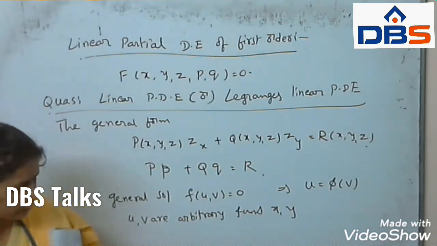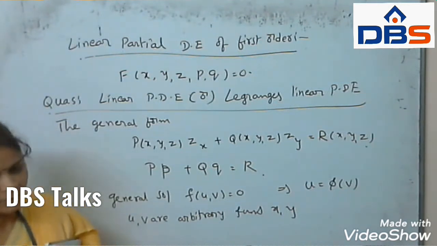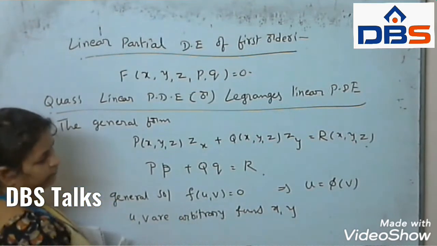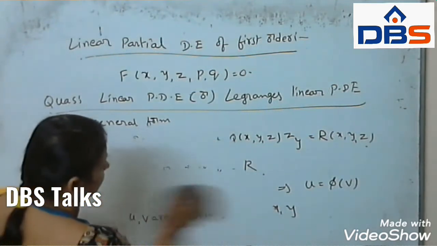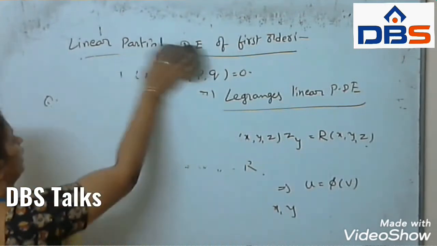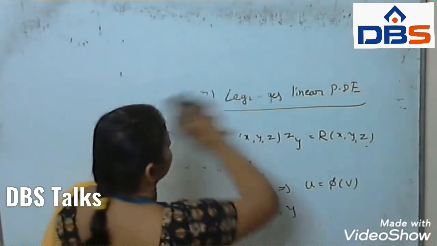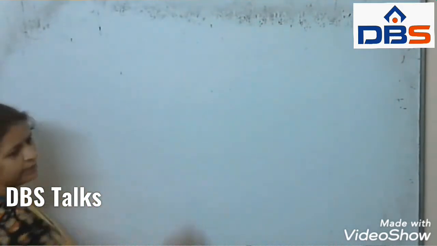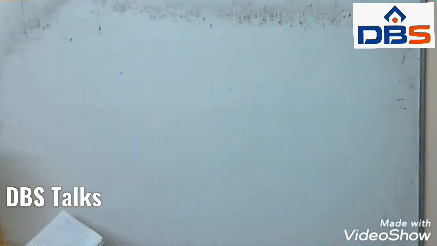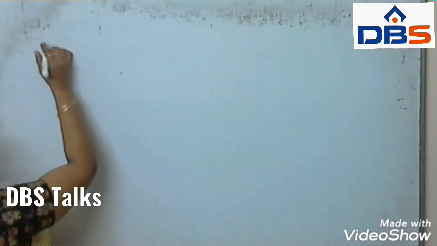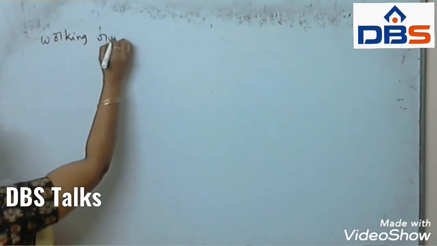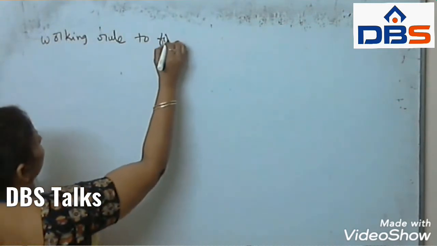So what is the working rule to find the solution? Let us see how to find these functions u and v. What is the working rule and what is the procedure we have to follow? That is our next topic. Working rule to solve this equation, to find the solution.